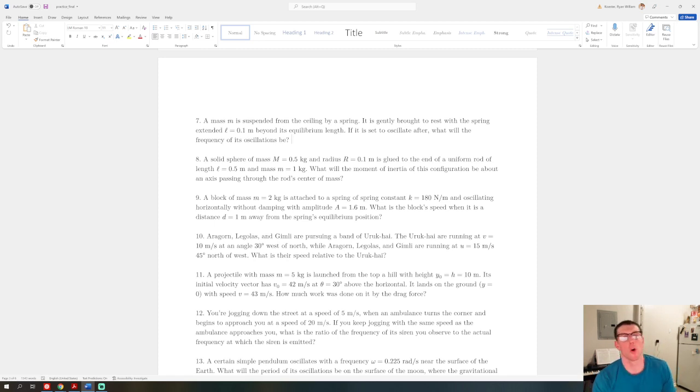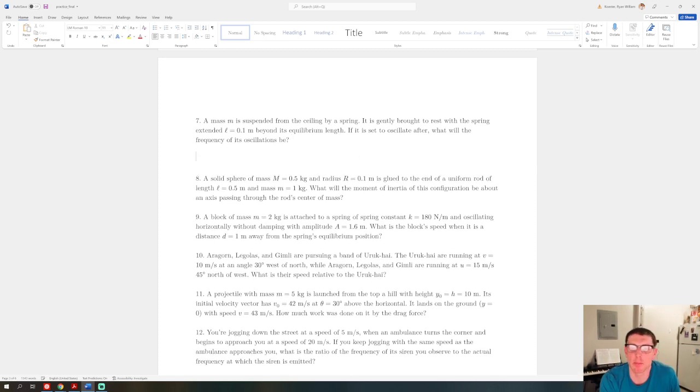Okay, so a mass m is suspended from the ceiling by a spring. It is gently brought to rest with the spring extended 0.1 meters beyond its equilibrium length. If it is set to oscillate after, what will the frequency of its oscillations be?